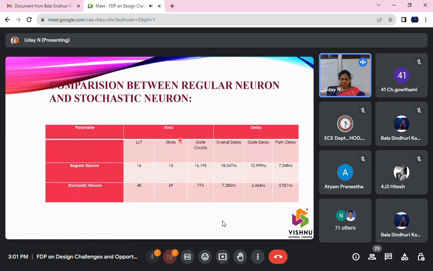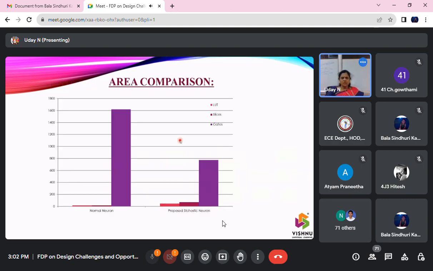We are able to reduce the overall delay and the path delay. Of course, the number of gate counts is reduced, but at the cost of increasing the number of slices and lookup tables. As we can see, the number of LUTs and slices have increased, but the number of gates has been reduced.